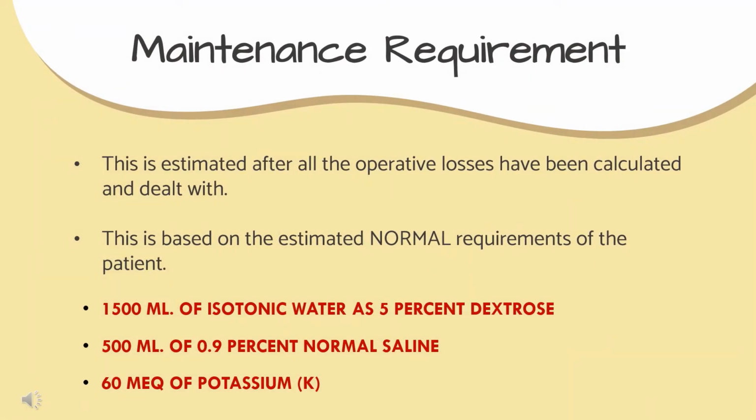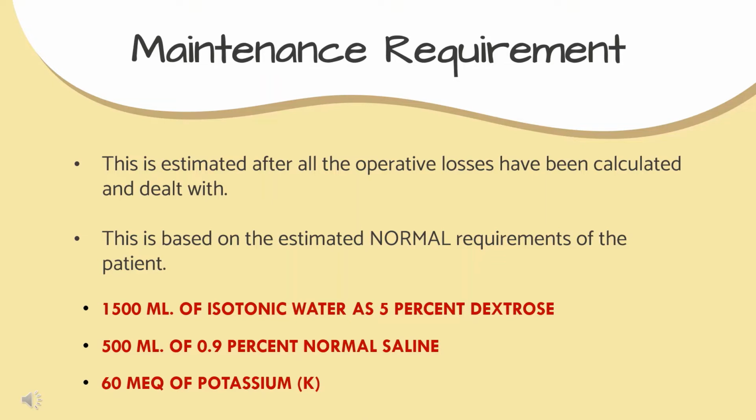Maintenance requirement is estimated after all the operative losses have been calculated and dealt with. This is based on the estimated normal requirements of the patient. For example, a normothermic 60 kg adult with a normal metabolic rate will require about 2,000 ml of water, 100 milliequivalents of sodium, and about 50 milliequivalents of potassium per day.